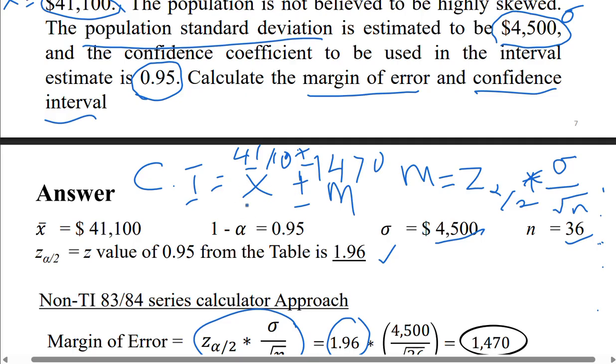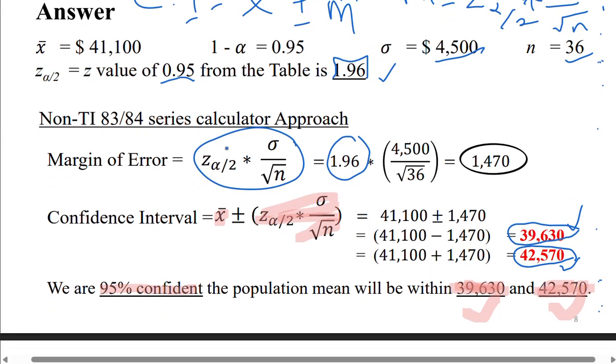A margin of error basically is equal to the Z alpha over 2, which is the Z critical value for 95%. From the table, a 95% confidence level gives us a Z critical value of 1.96. And you can go back to refer, right? It's 1.96. So knowing our Z critical value, we will just substitute everything into the margin of error equation.